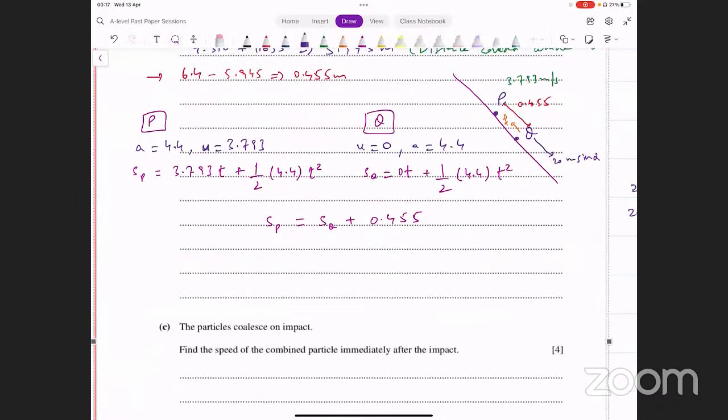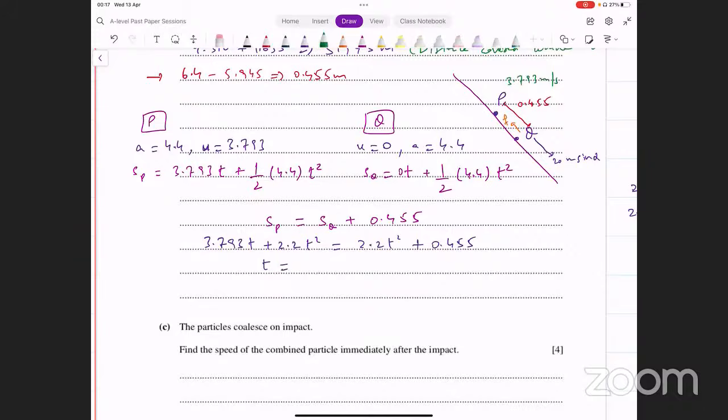इसमें ये values input करें and then solve that. You'll find a value of T from this. On the right side, you've got 2.2 t square, plus 0.455. ठीक है, यहाँ से आपके पास t की वैल्यू आएगी.